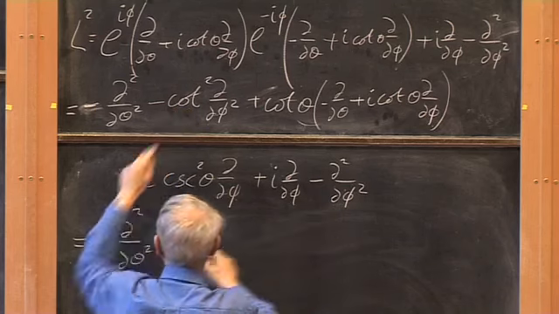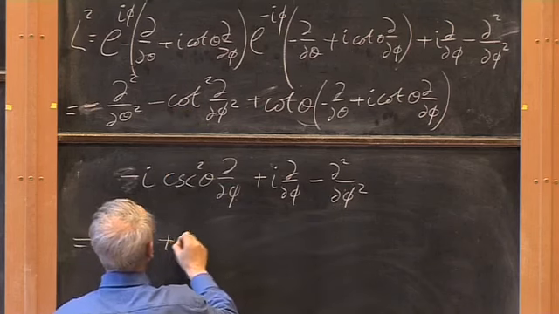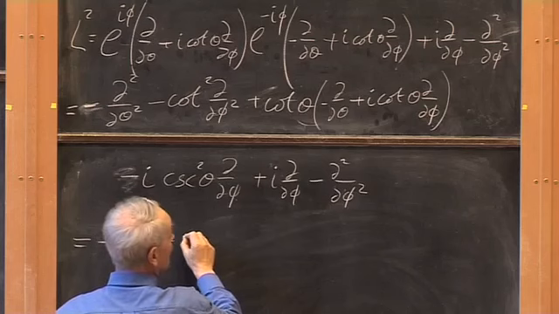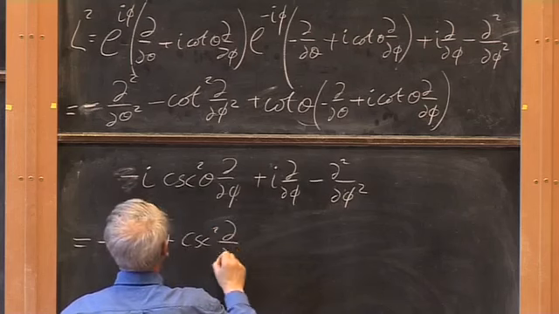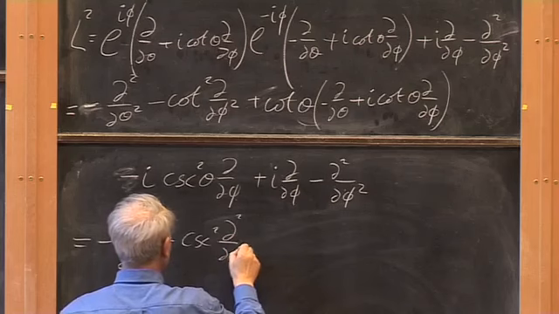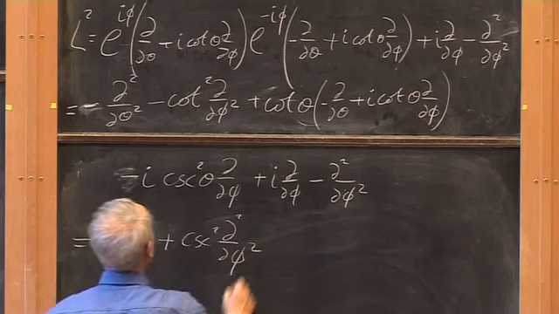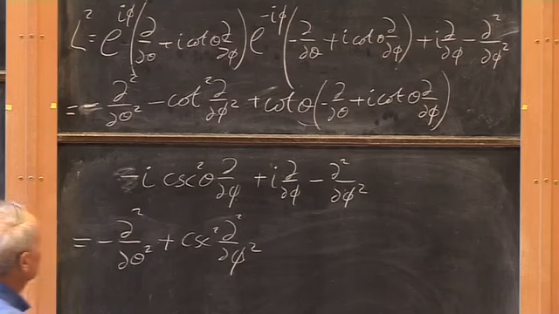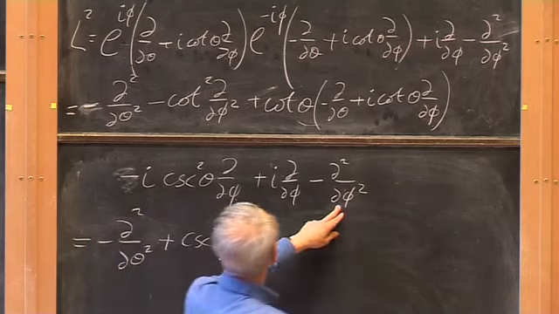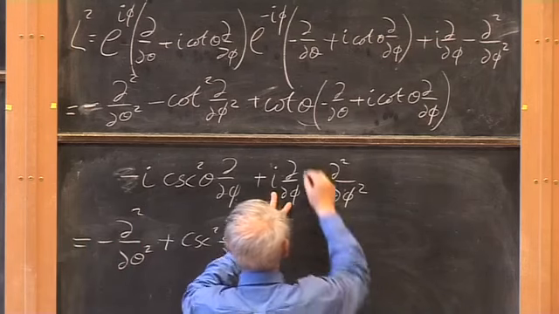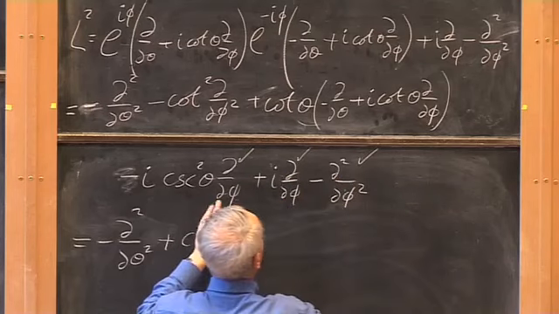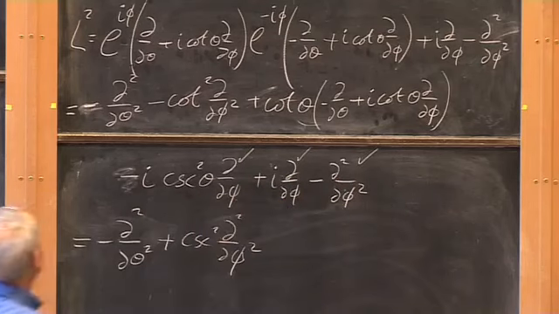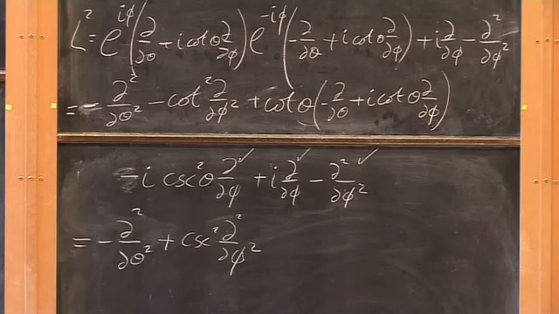So we get a minus cosec squared according to this. I'm slightly worried by this. So I'm going to end up with a cosec squared d2 by d phi squared, and I strongly suspect that sign is wrong, but that's what I've honestly got. So that's this dealt with, and this has been dealt with, this has been dealt with. I think we're all tickety boo.